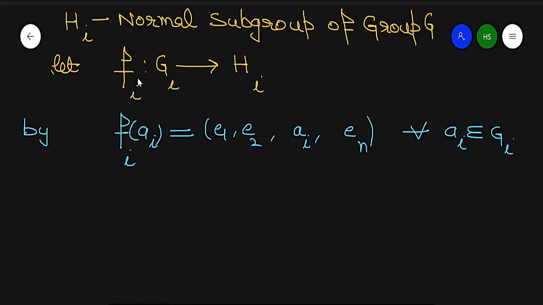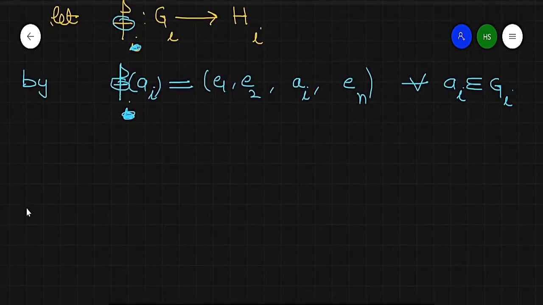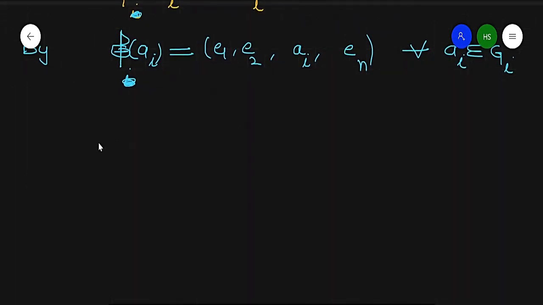Here I can also take not fi, I can simply take it as the phi mapping. Now if I take the phi mapping, to prove it is an isomorphism, first it should be well defined, and second it should be a homomorphism, one-one as well as onto.